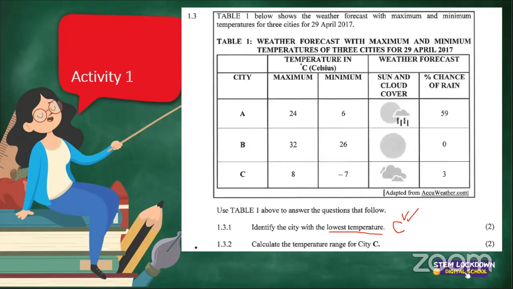Now, next one. Calculate the temperature range for city C. What is the temperature range for city C? I just need your answer. Don't show me how you're working out, just give me the answer. As soon as you're done, give me the answer.